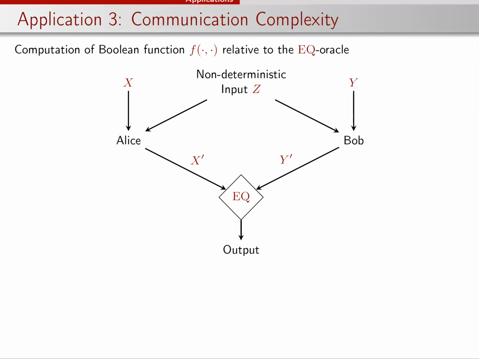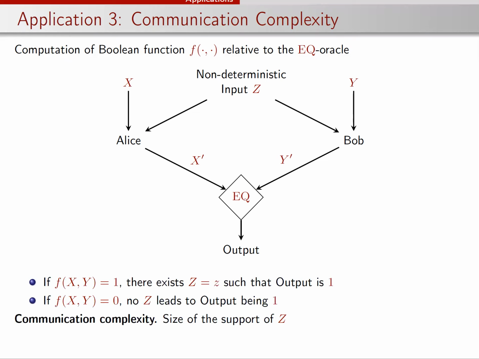And this picture defines a non-deterministic protocol for the Boolean function f if for every input pair X, Y such that the evaluation of the function on that input pair is equal to 1, then there exists a non-deterministic Z ensuring that the output is 1. Otherwise, if f of X, Y equals 0, then there is no such Z leading to output being 1.